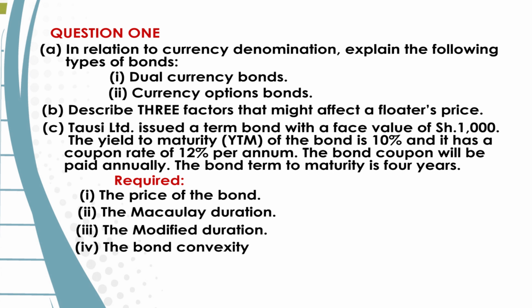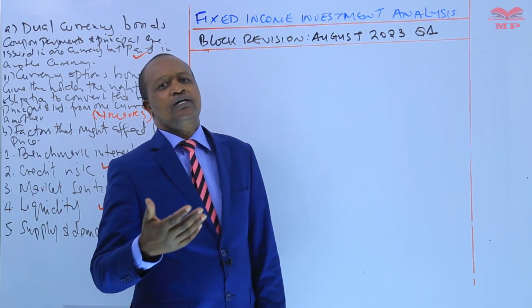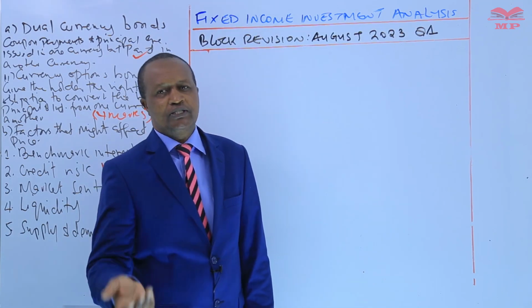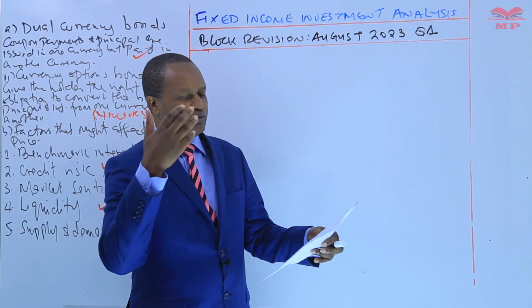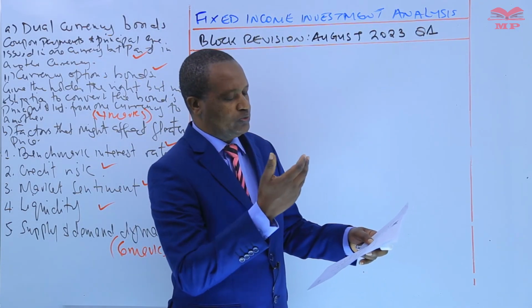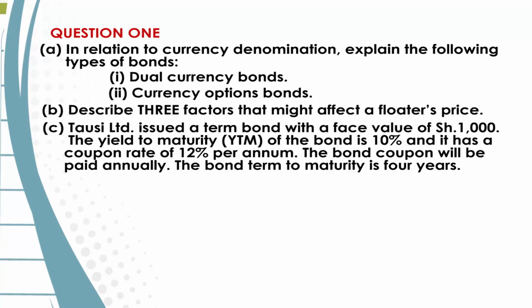So what is the price of the bond? We all know by now, candidates, that the price of the bond is the present value of the principal amount and the coupon amount. We discount the face value of 1,000, and then we discount these interest payments at 12%.